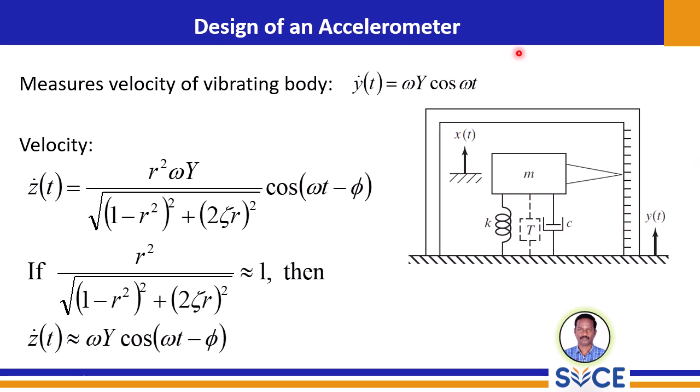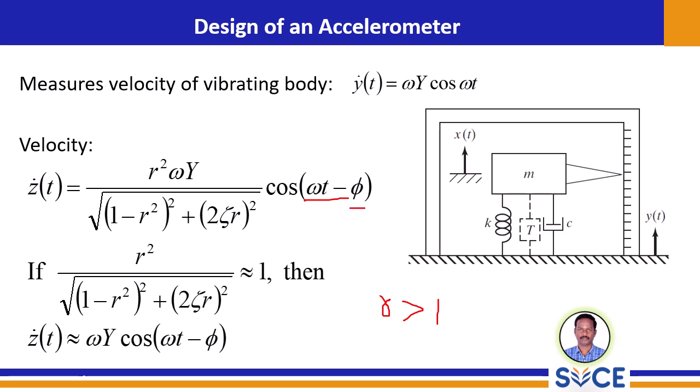In other words, r should be much greater than 1. The relative velocity becomes approximately equal to omega y cos of omega t minus pi, since the denominator is 1. The term pi represents the phase lag.